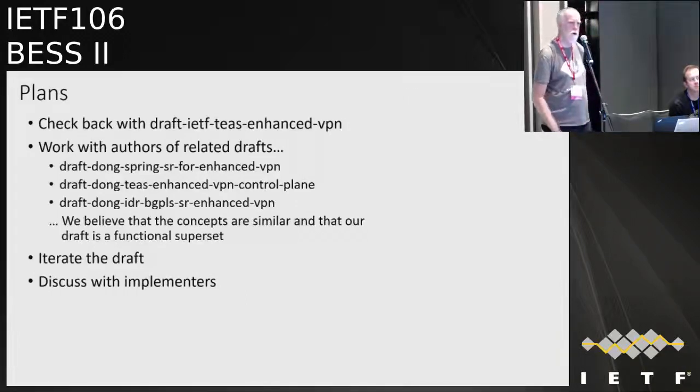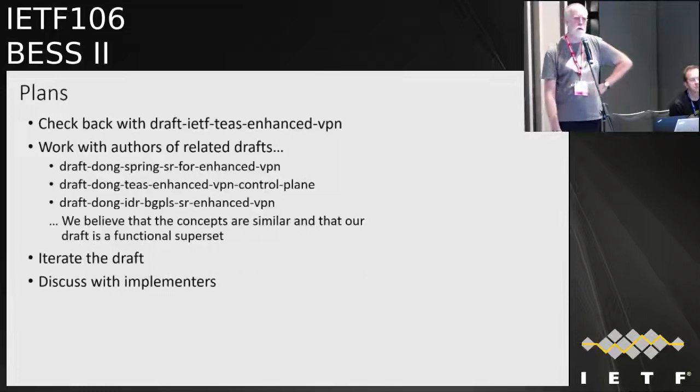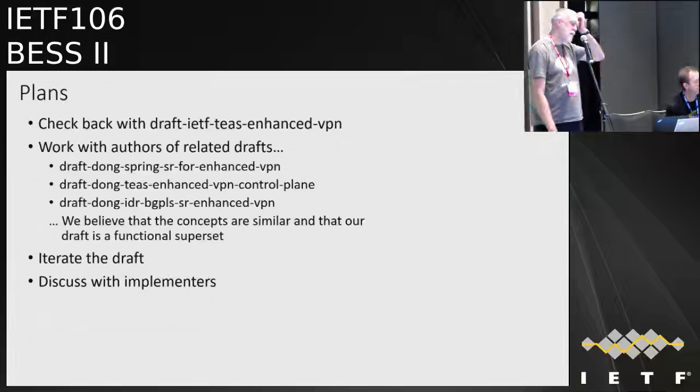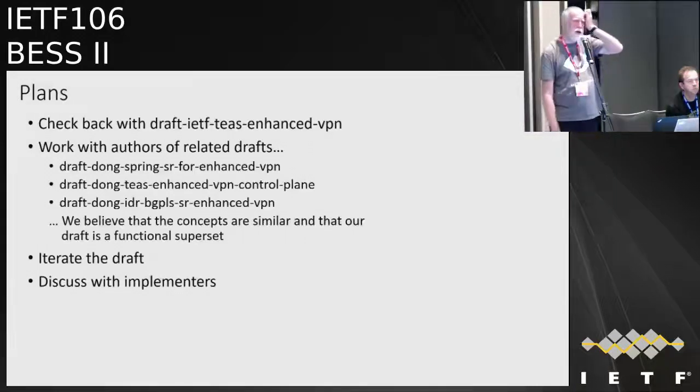Hi, Ketan Talaulikar, Cisco. So BGP-LS as we have today is a northbound thing, so going from the network nodes to a controller. And I believe in this proposal, what you're looking for is a southbound, like a provisioning kind of thing. So I would suggest if we could consider having a separate AFI-SAFI.